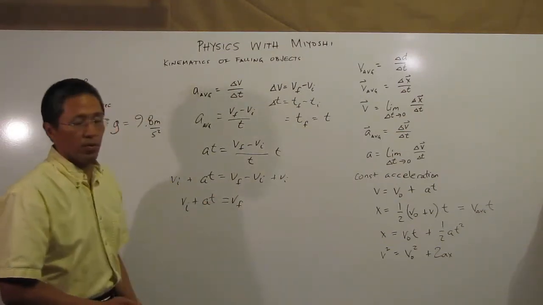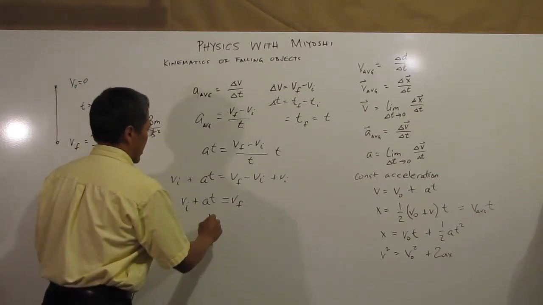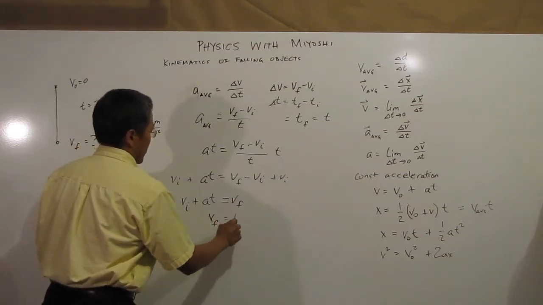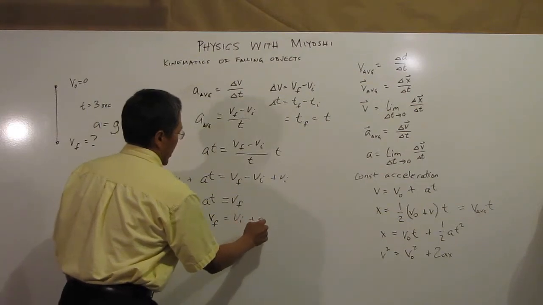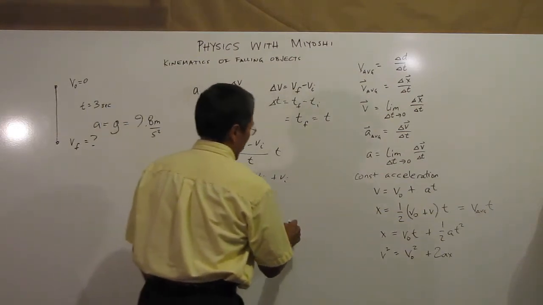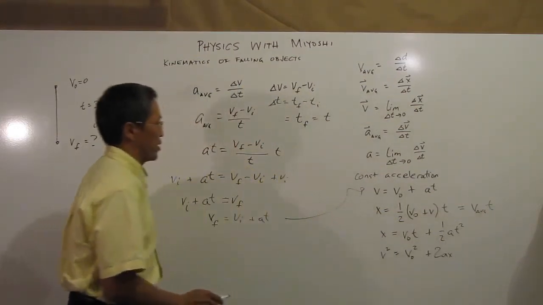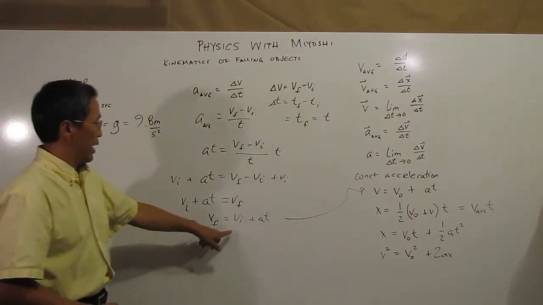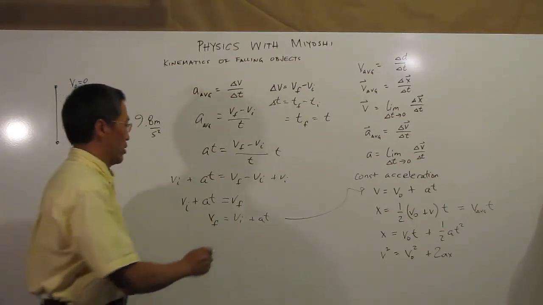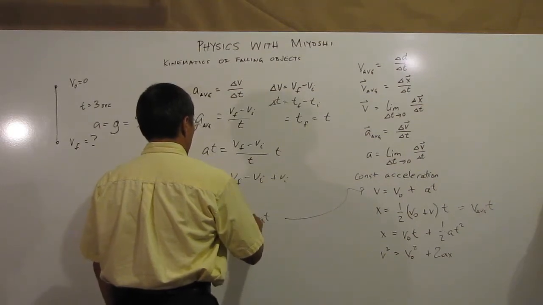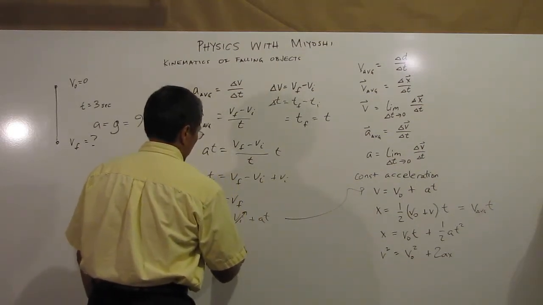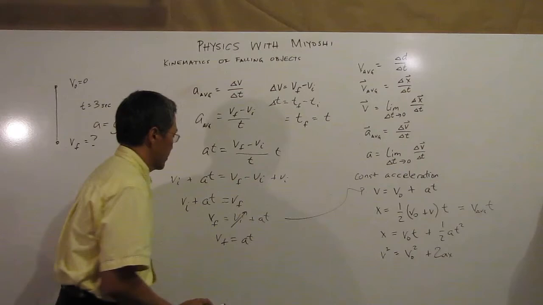Now, many people will get rid of the final there, but I like to leave it there. But we have V final is V initial plus a t, which we see is one of our beautiful constant acceleration equations. And when the V initial is 0, then we can just say V final is a times t.